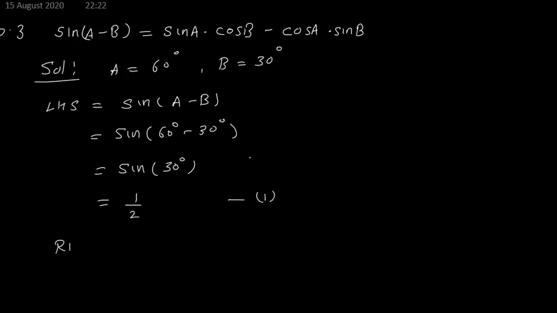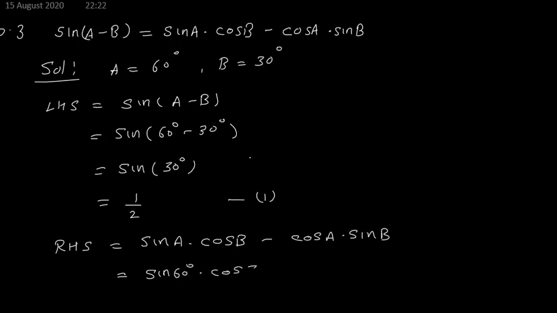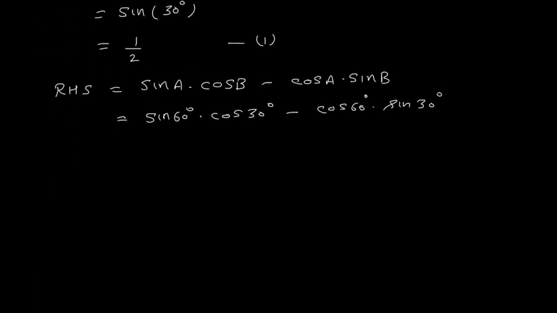Right hand side is equal to sin A into cos B minus cos A into sin B. So here it is sin 60 degree into cos 30 degree minus cos 60 degree into sin 30 degree. Okay, let us put the value.